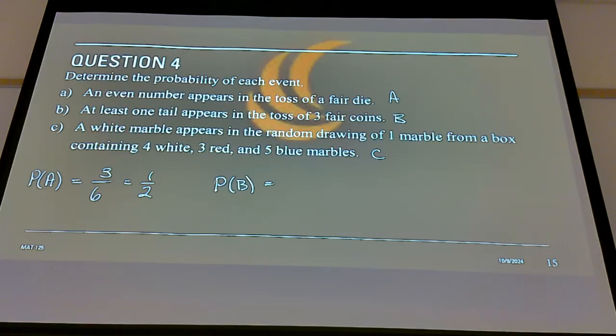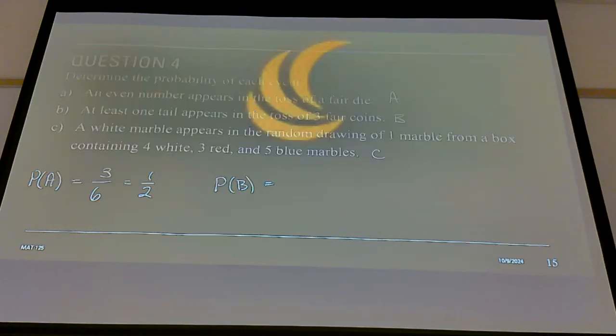Probability at least one tail appears in the toss of 3 fair coins. All right, so you toss 3 fair coins. What are the outcomes? You get 3 heads.